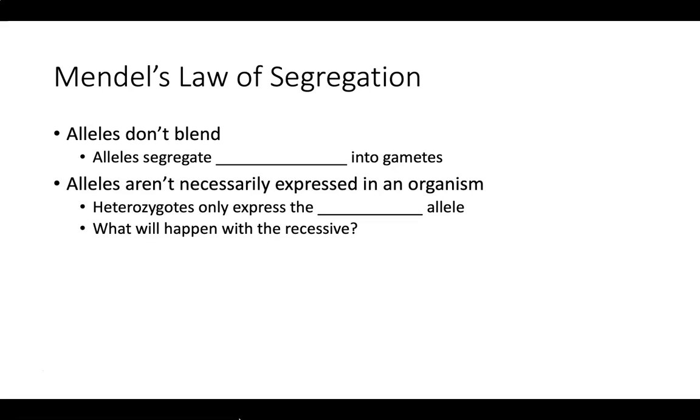The recessive allele is going to basically end up being hidden. It's going to get covered by the dominant allele. They'll still have the genetic information, but it won't get expressed because the expression of the dominant allele is going to cover up that recessive information.